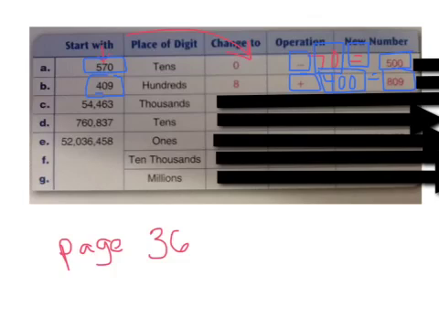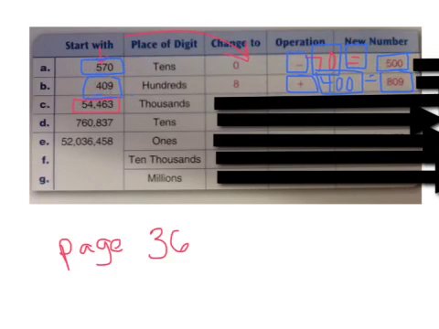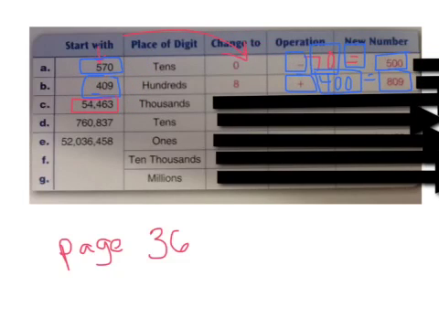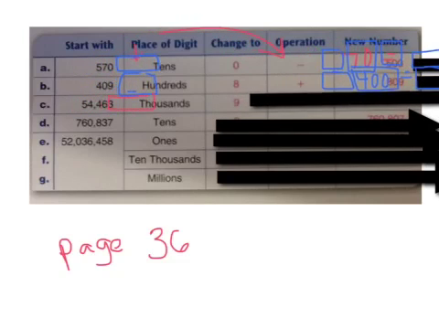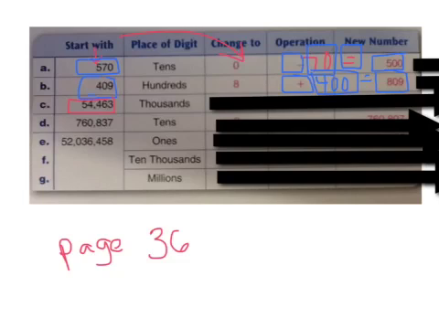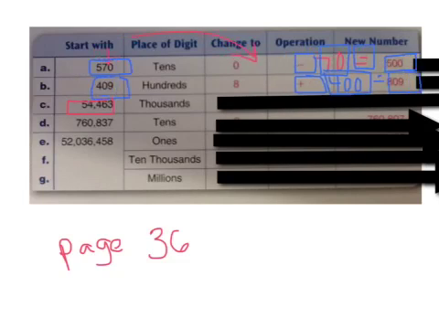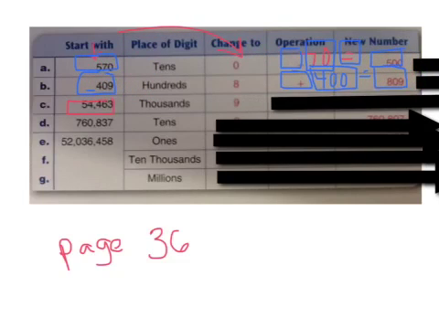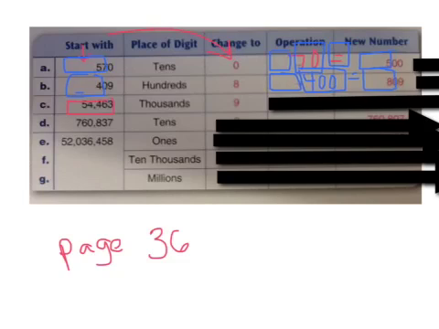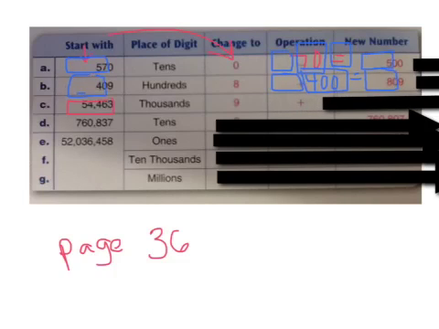Let's start the next one on your calculator. On your calculator, type in 54,463. Now leave that there, and in your math journal, write down that you want to change that to a 9. So if we want to change that to a 9, we're going to be adding.